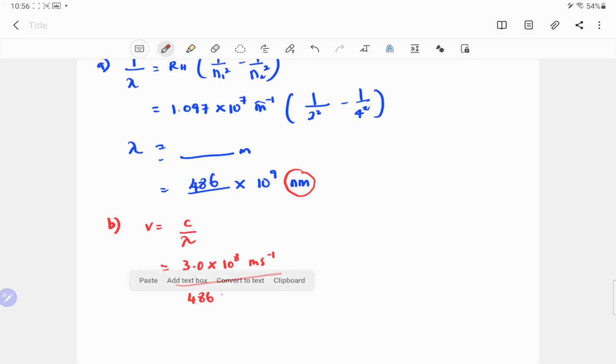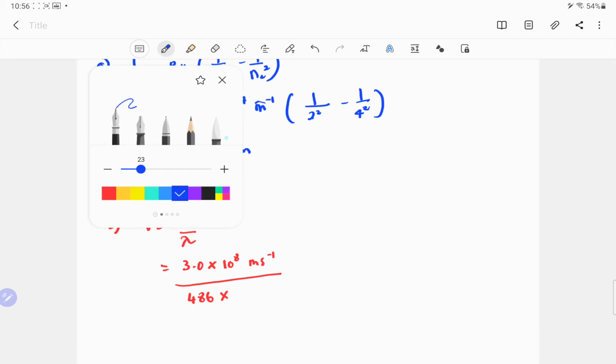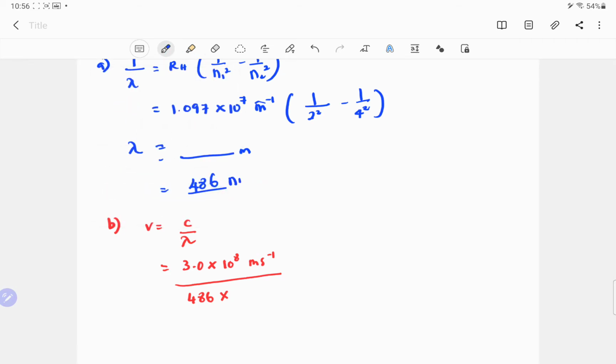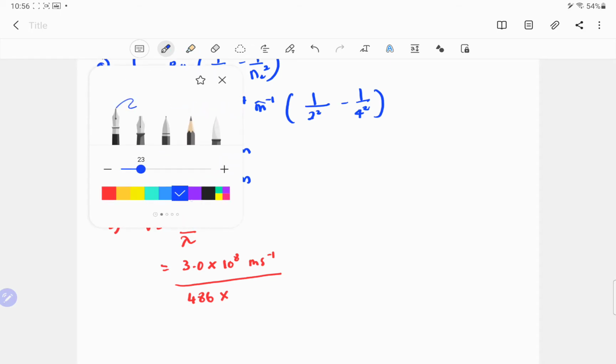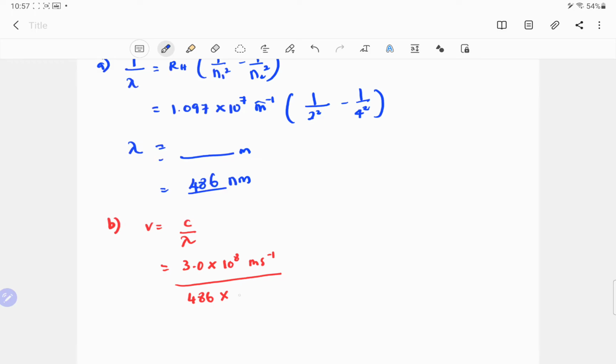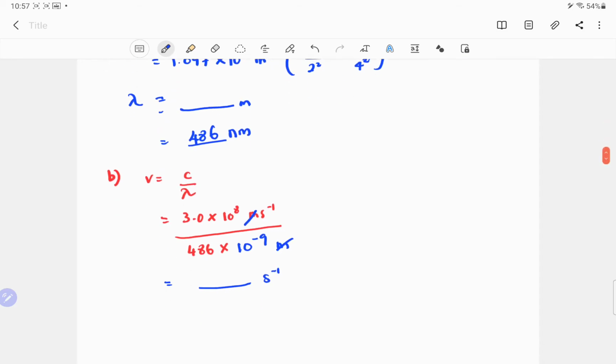The answer is 486 nanometer, so to convert into meter, times 10 to the power of negative 9. This is in unit meter, so meter cancels, and we get the unit per second.